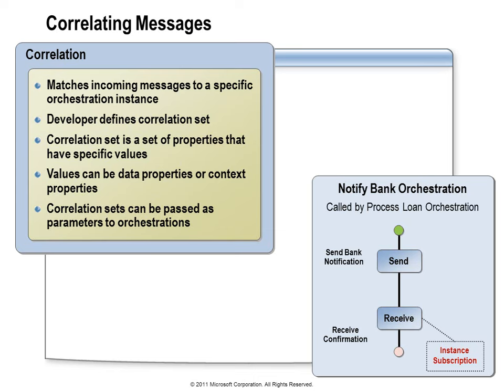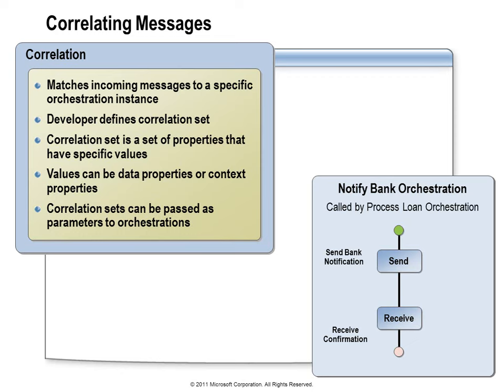Whatever information we can make use of that is common to both the message going to the bank and the message coming back from the bank. So with this instance subscription sitting here waiting for a very precise set of message context property values, when that message arrives, it will be delivered to the orchestration, and then that instance subscription is discarded.